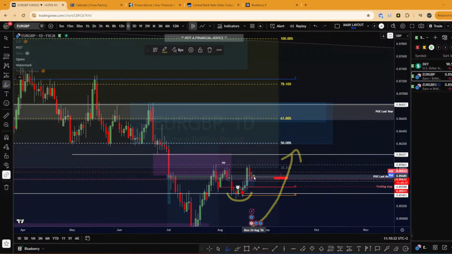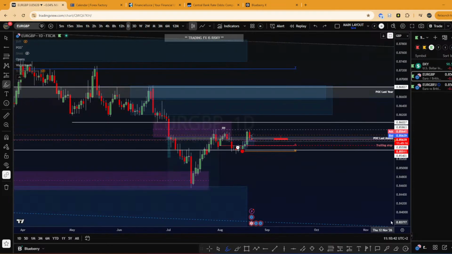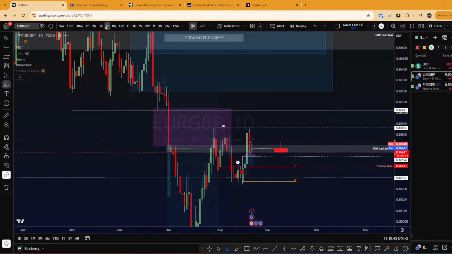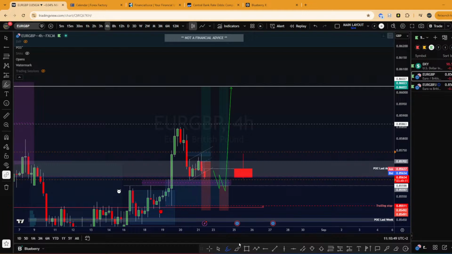If my day trade that I put in lower time frame got stopped out, maybe I will wait for another rebound off of this, then I will be happy to buy again. Simple as that. So let's see how price will react here, but it's not finished.